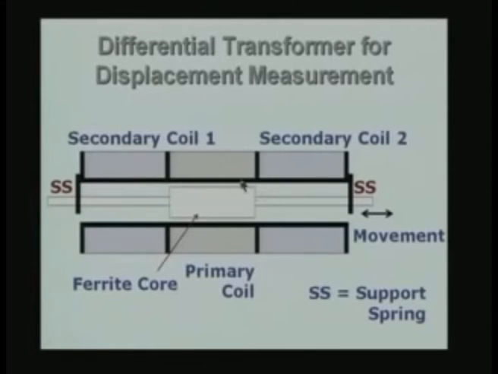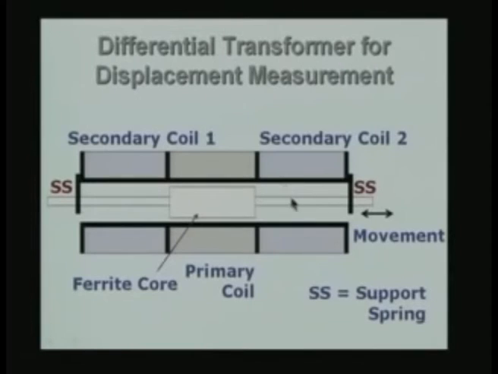So, the primary coil and secondary coil 2 will have more coupling as compared to the primary and secondary coil 1, and therefore, secondary coil 2 is going to produce a larger voltage by transformer action, secondary coil 1 is going to produce a smaller voltage, and therefore, if you take the output of 2 minus the output of 1, it will be a positive value.